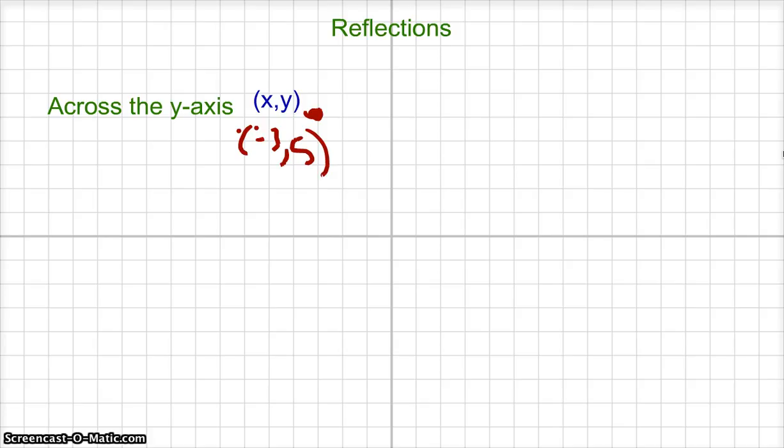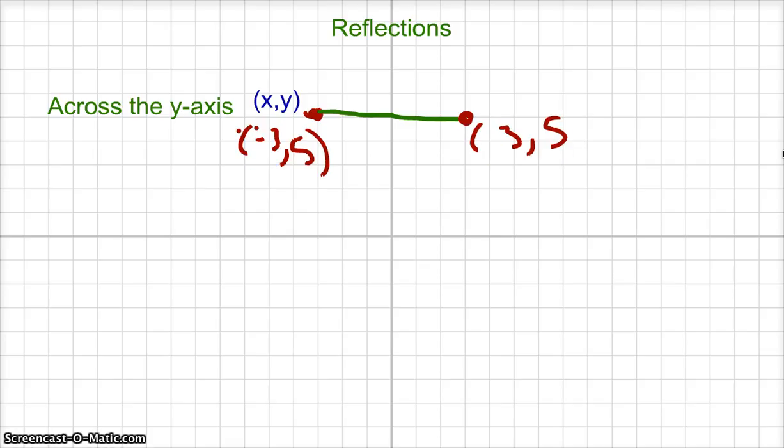So if I reflect over the y-axis, I need to see how far away I am from the y-axis. I'm over 1, 2, 3, so I go the same distance in the other direction, 1, 2, 3. So my new point is at 3, 5. In this case, all that changed was the x sign changed. So that's what my rule is going to be.